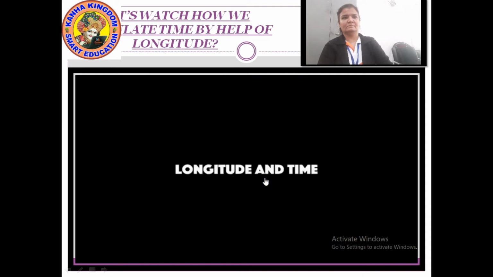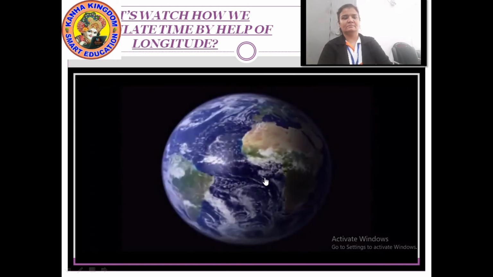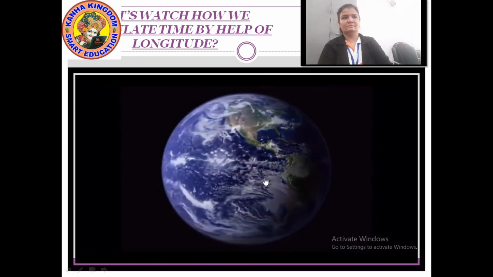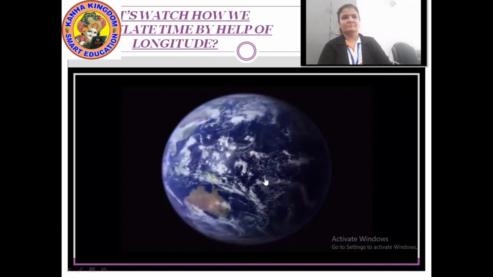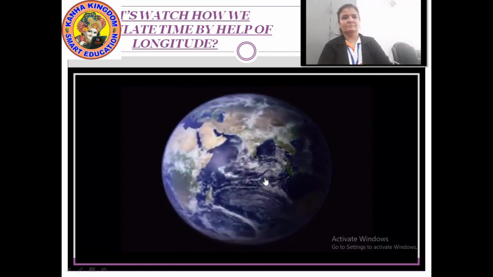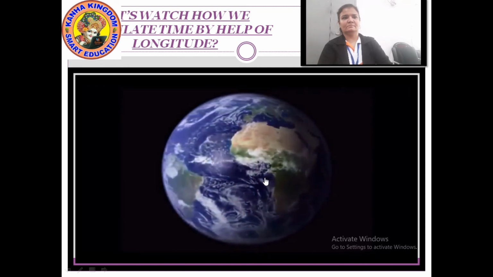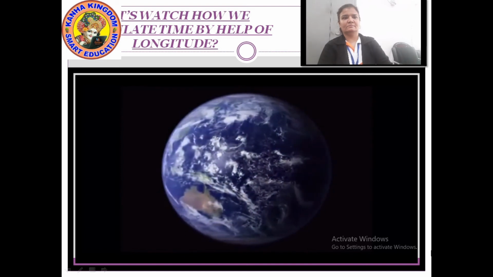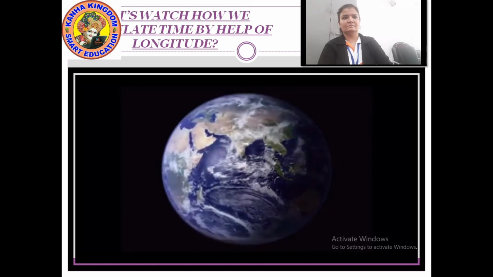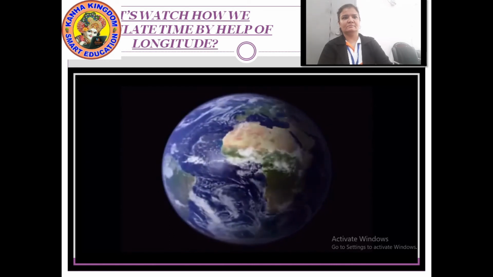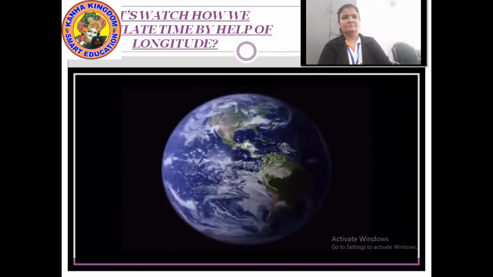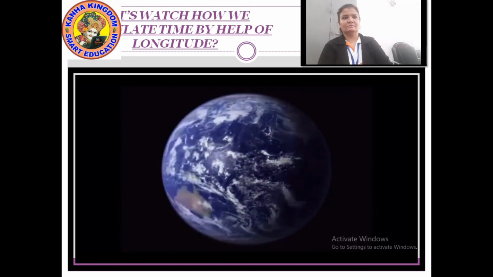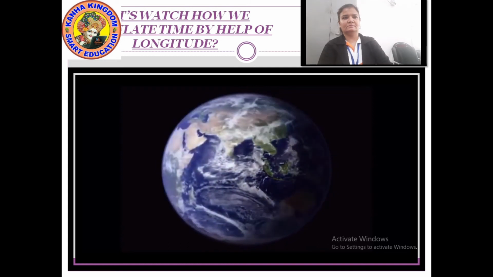Longitude and time. Here's our Earth rotating at a speed of 1,000 miles per hour at the equator. Up to this point, you've been lied to. The Earth does not complete one rotation in 24 hours. It actually takes less time. One complete rotation takes 23 hours, 56 minutes, and 4 seconds.